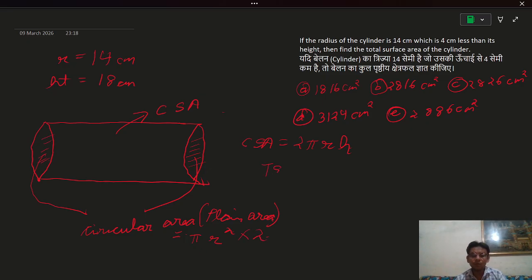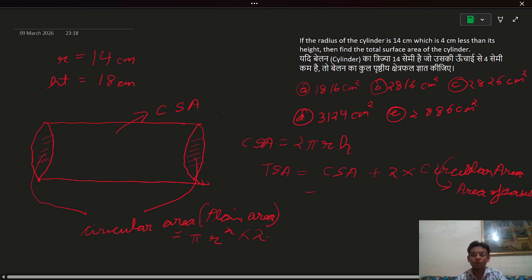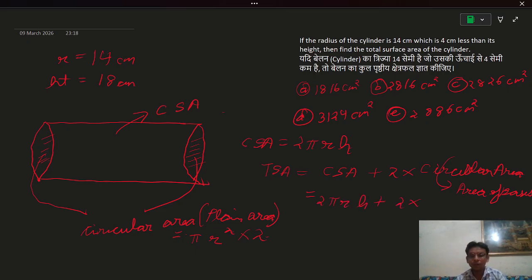So what will be the total surface area? Total surface area is nothing but curved surface area plus 2 into circular area, or area of bases. These are also known as area of bases. Okay, so curved surface area is 2 pi r h plus 2 into the circular area.